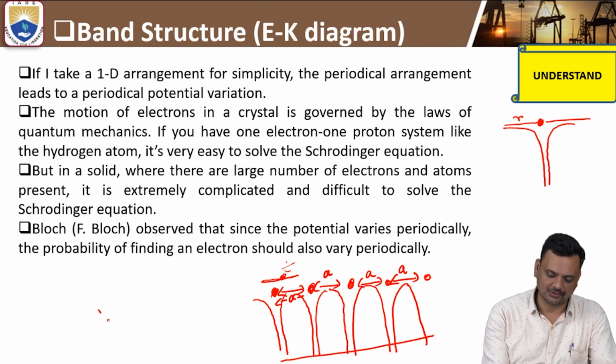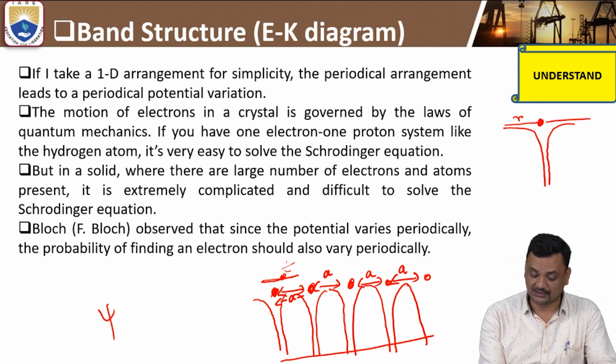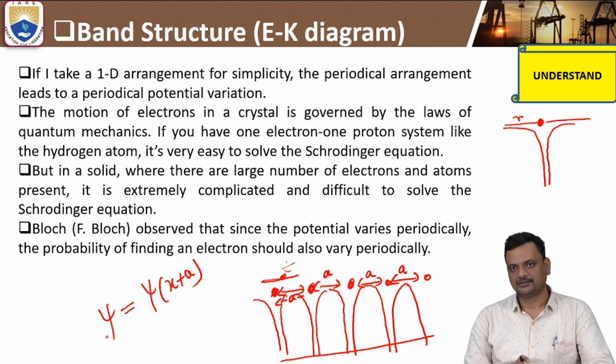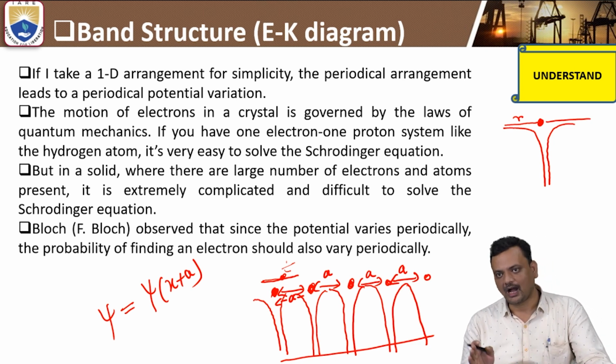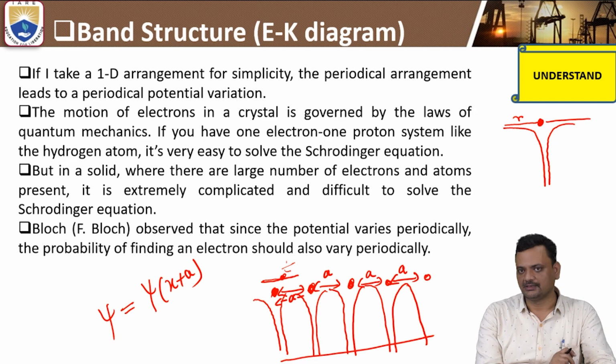Means if at any particular point its wave function is psi, then after some periodicity it will be the same. So here periodicity is a. Why? Because after a distance the same type of environment will be present. So that is the main consideration.